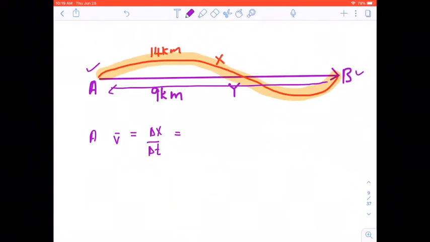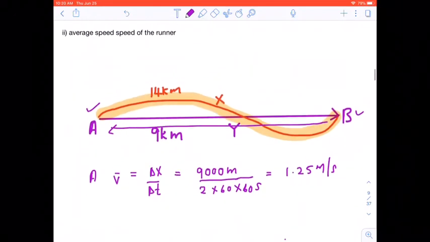The displacement is 9 kilometers, which is 9,000 meters, and the time is 2 hours. So we need to convert hours to seconds. So it's 2 hours times 60 to bring it to minutes times 60 to bring it to seconds, and we find that the average velocity is 1.25 meters per second.